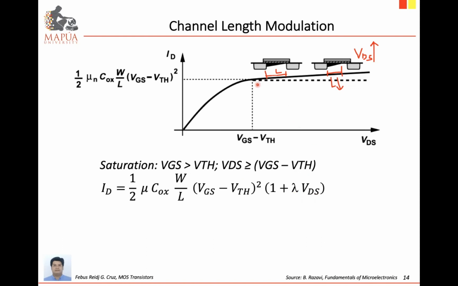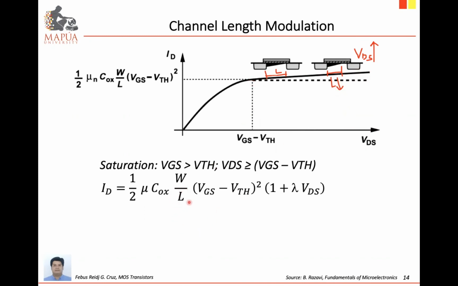Ideally, we said that starting from the saturation point, the drain current is supposed to be constant. But based on the observations, as VDS is increased, it results in a smaller effective channel length, and that results in a higher drain current.